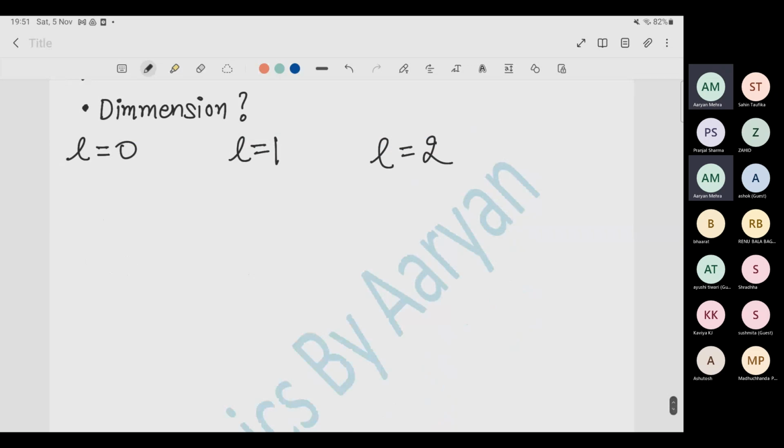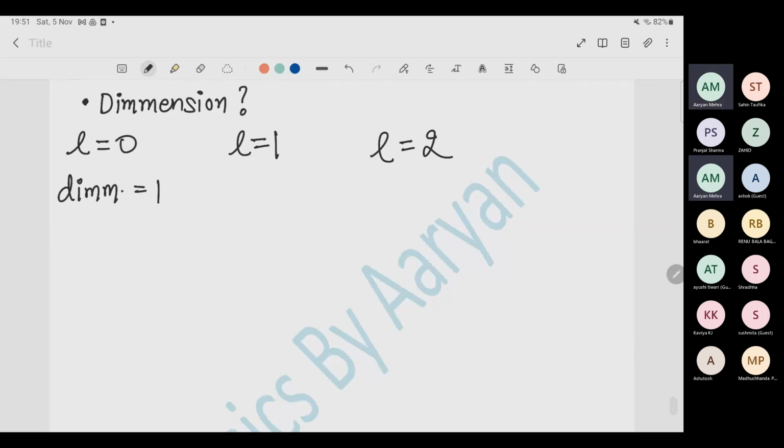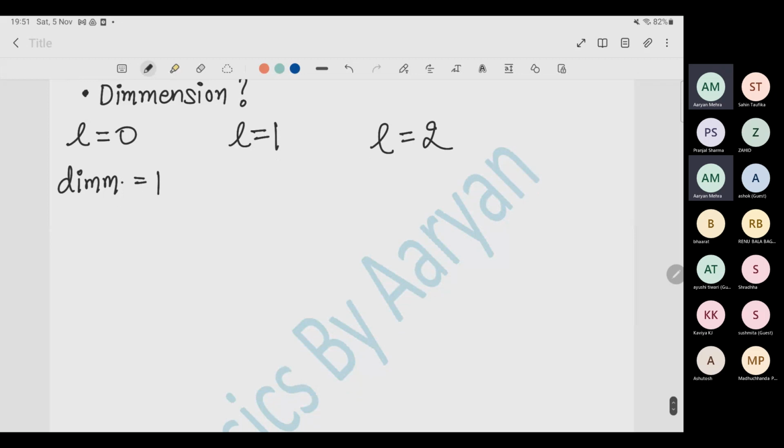For L equals 0, how many values of M_L are there? L equals 0, M equals 0, so 1 value. So the dimension is 1. For L equals 1, how many values of M are there? 3.